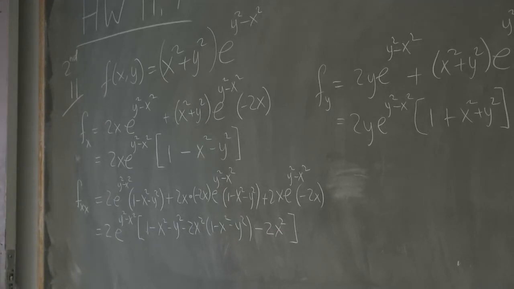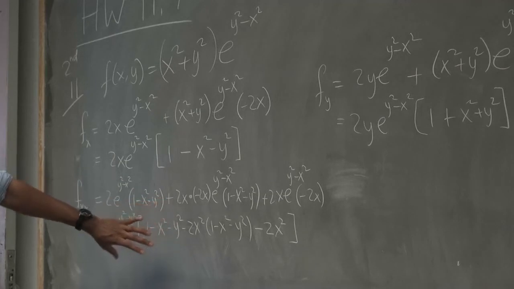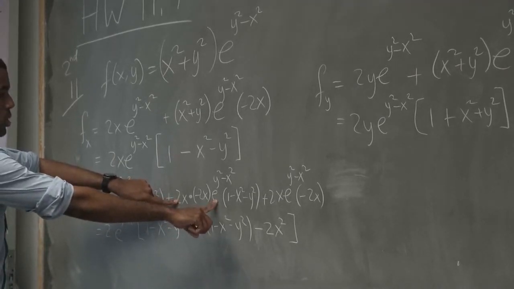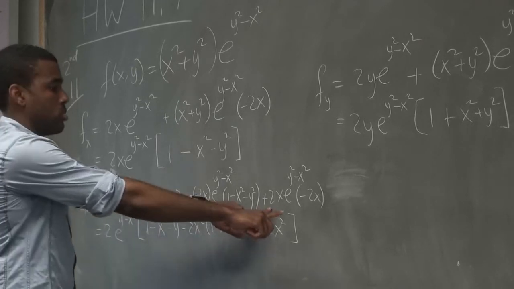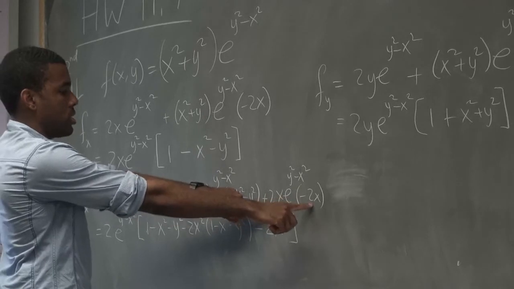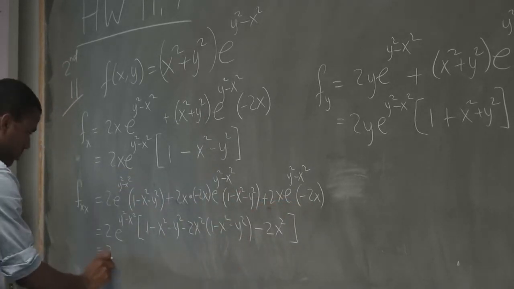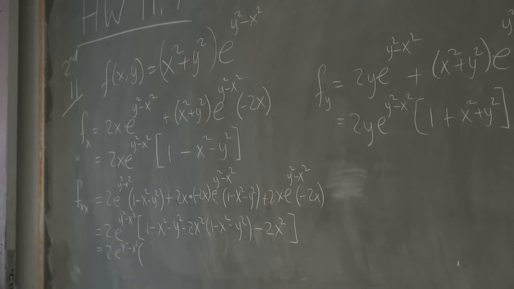Is that right? All right, I factored this off, so this guy's left in the first term. I took out this guy, so then I have minus 2x squared times this left here. Then I took out 2 times this, so I just have x times minus 2. And so what does that simplify to?